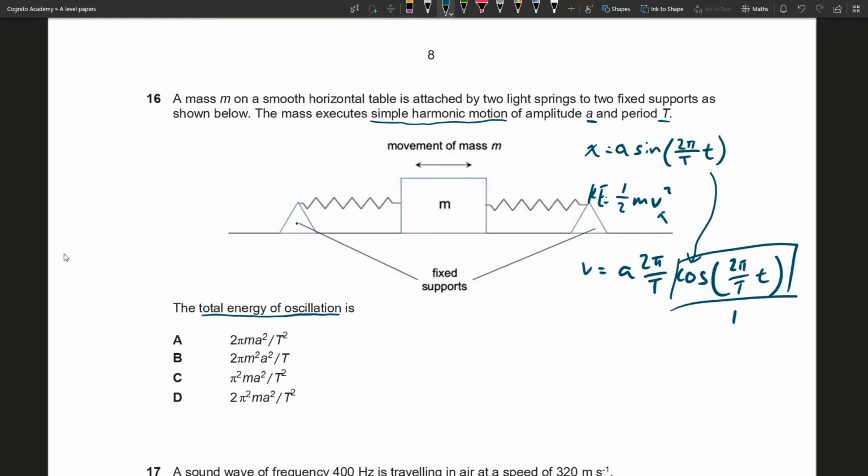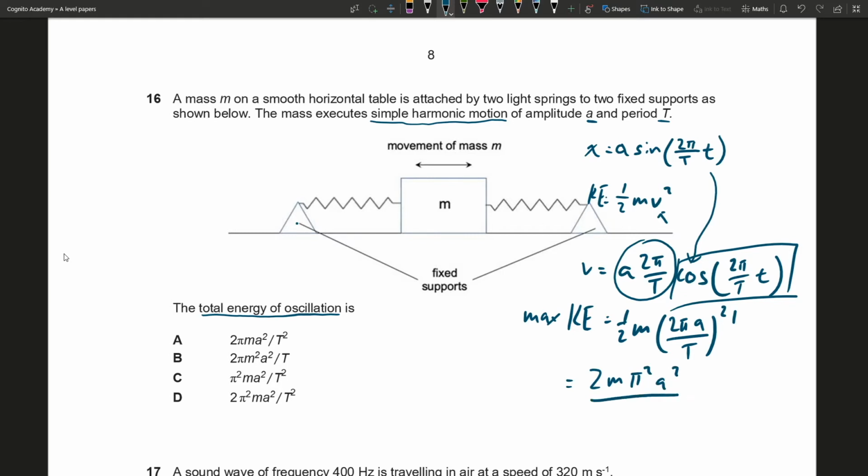So our max KE is equal to half m v squared, where v, as we showed before, is 2 pi A over T. And that gives us 2 pi squared m A squared over T squared. Our answer is D.